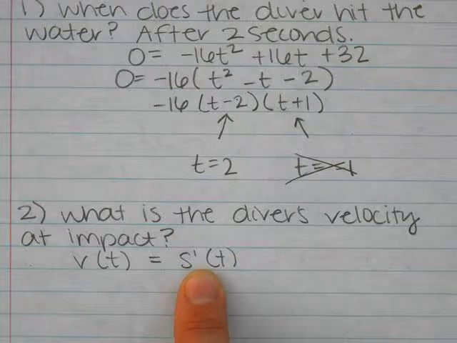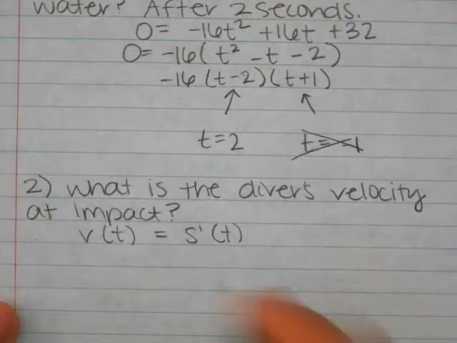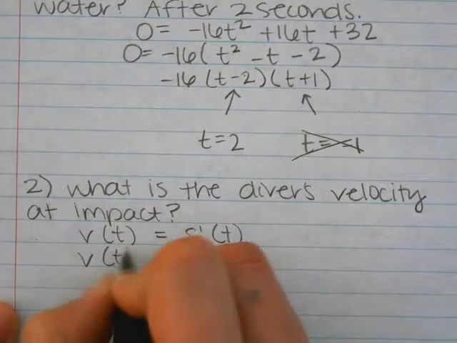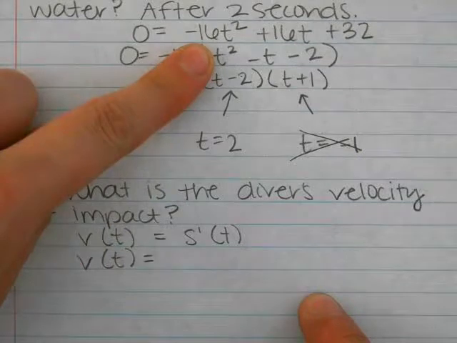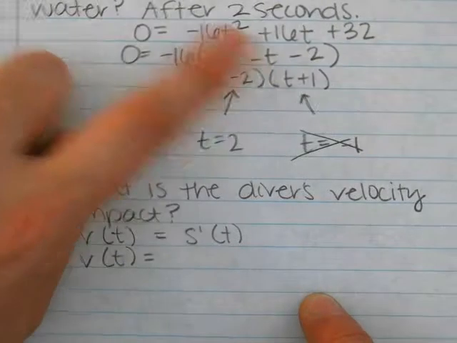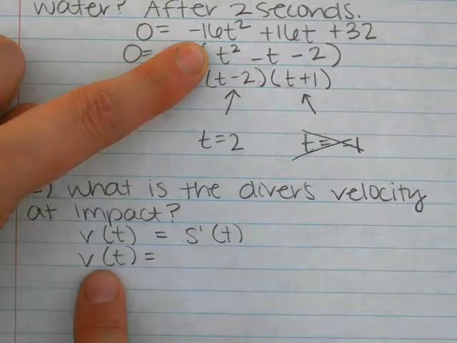All right, so now we want to go ahead and find v of t. If we look back at the original function, it was negative 16t squared plus 16t plus 32. So let's write it as a velocity now. What should we have if we're taking the derivative?